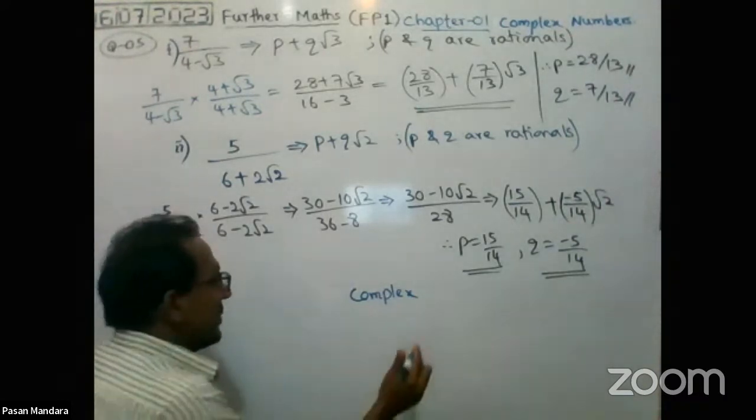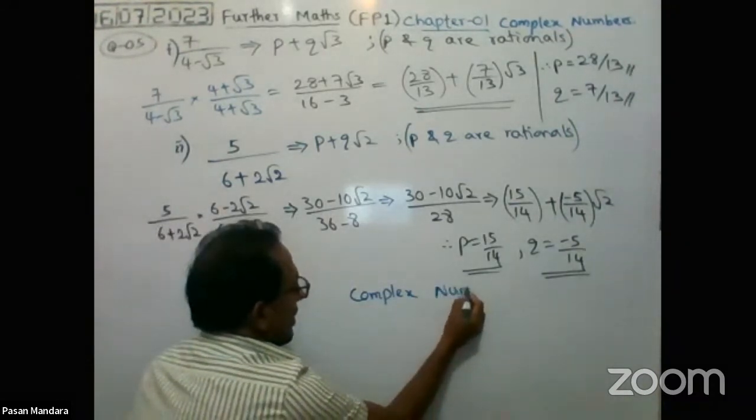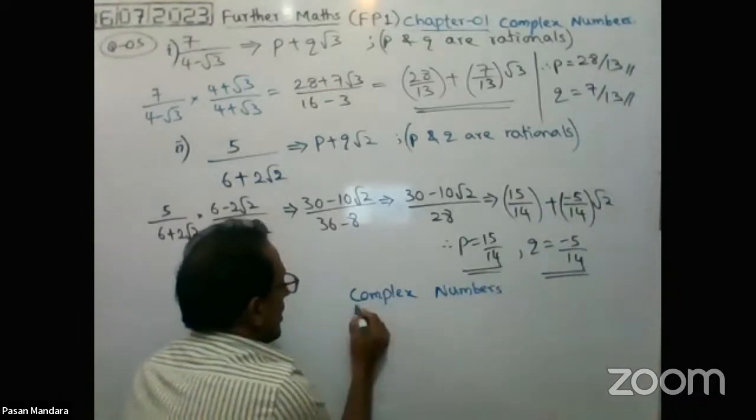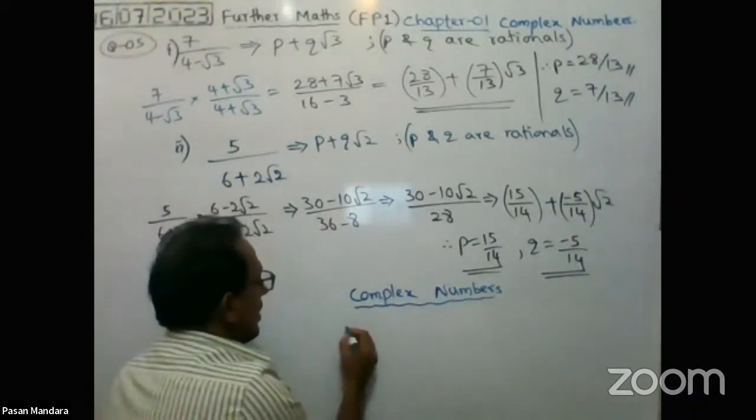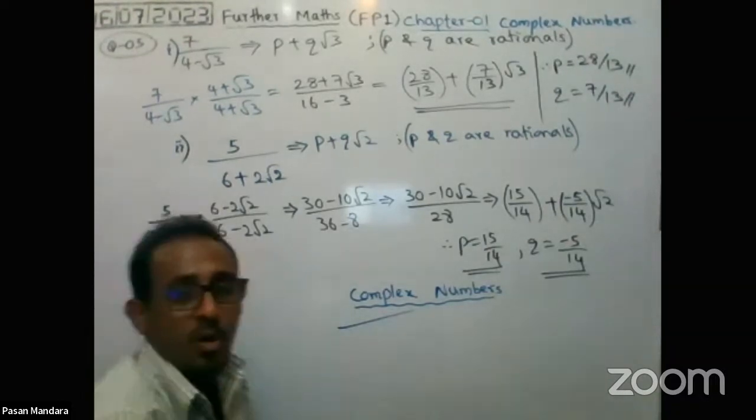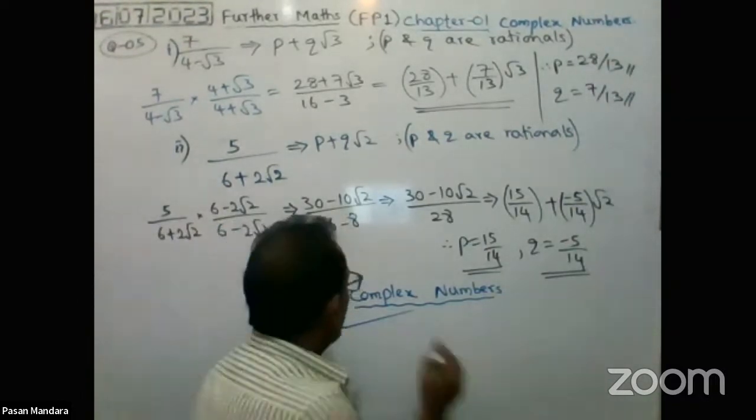Okay, now look, complex numbers. Complex numbers means the total number set. This is called the total number set.